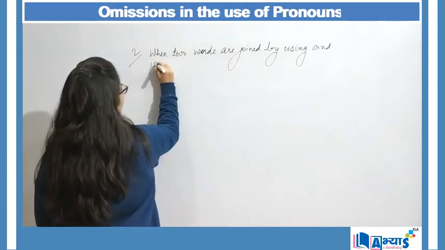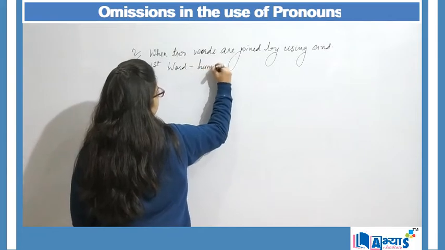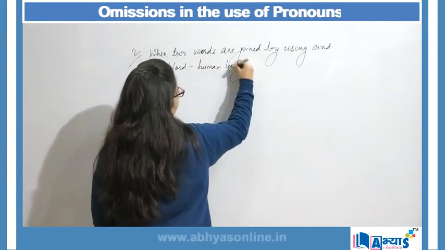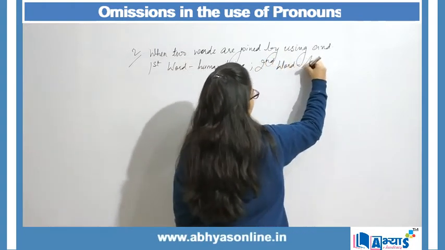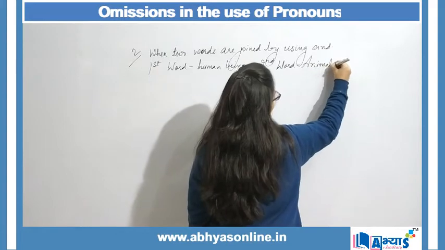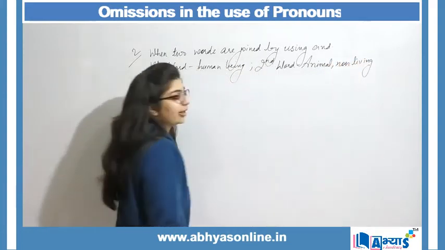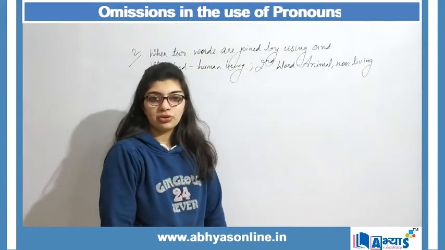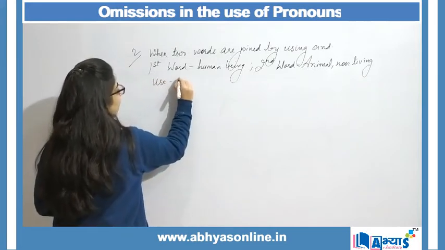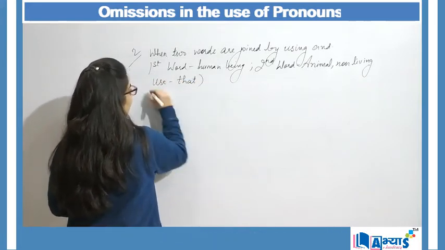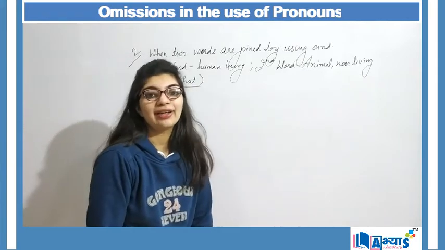The first word is regarding a human being, a person, and the second word can be for an animal or it can be for a non-living thing. So in that case we make use of that.